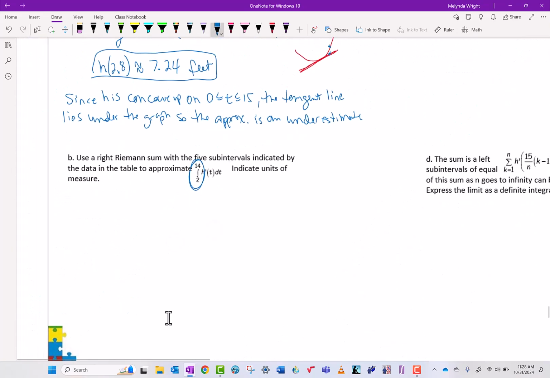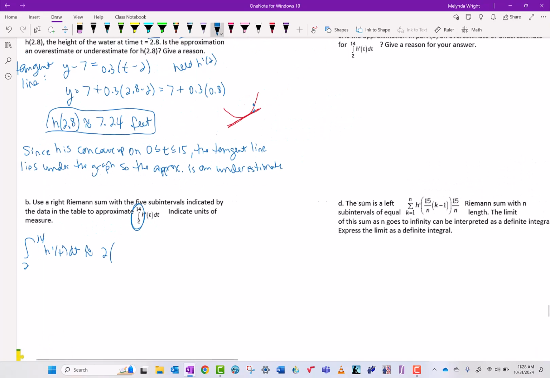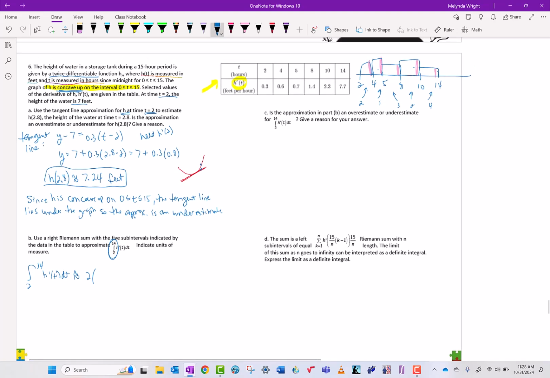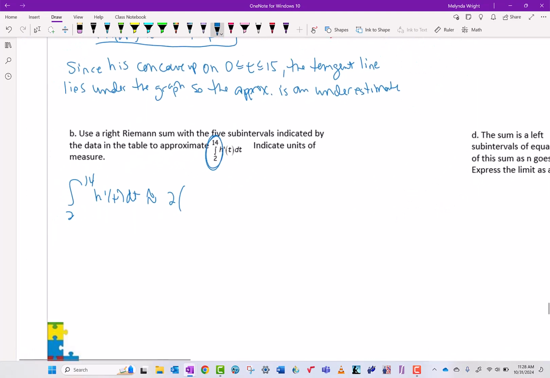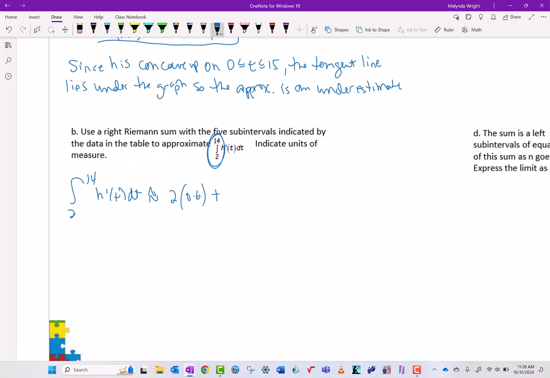So let's do that. Our integral from 2 to 14 of h prime of t would be approximately, all right, my first width was 2, and then I read off the table, h prime of 4, because I want the right side, so that would be 0.6, plus my next width was 1.